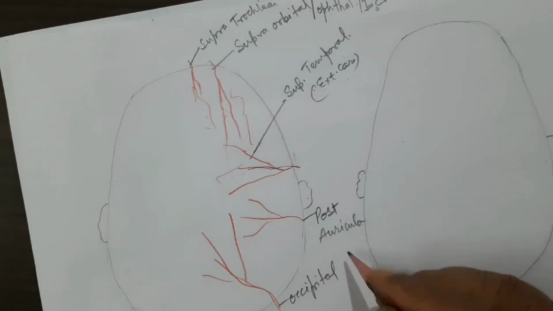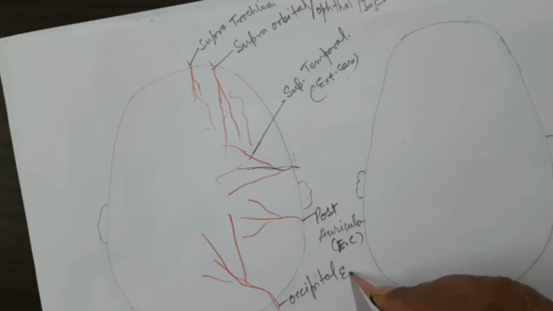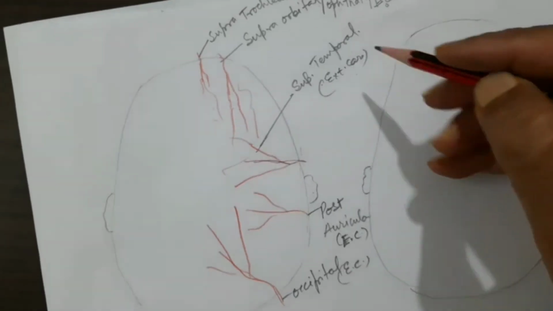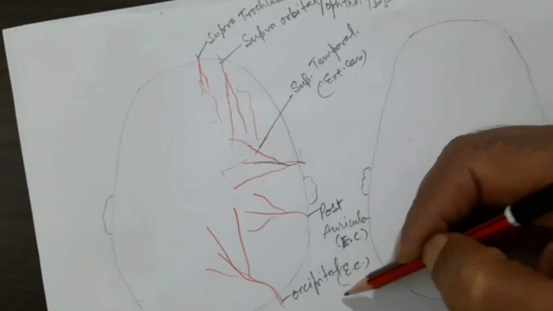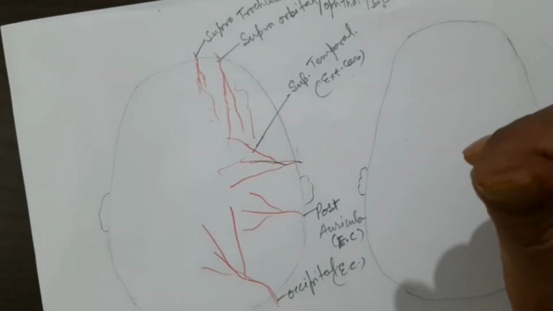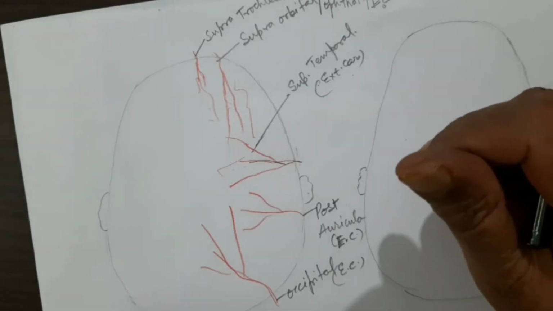Both posterior auricular and occipital are from the external carotid. So how many branches are from the external? Superficial temporal, posterior auricular, and occipital artery.